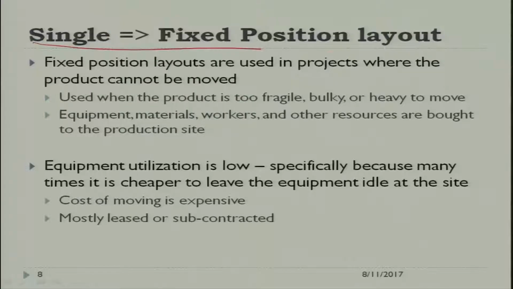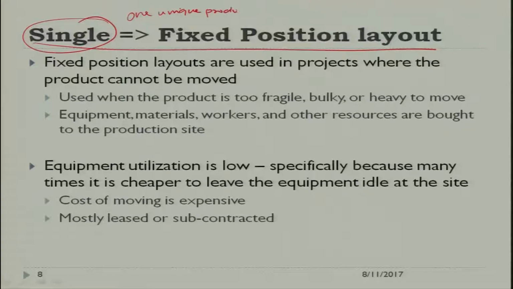So, let us first talk about the initial one, which is called a single or a fixed position layout system. A single one is that you are basically making one unique product. The most important example of this is, let us think about shipbuilding or construction.